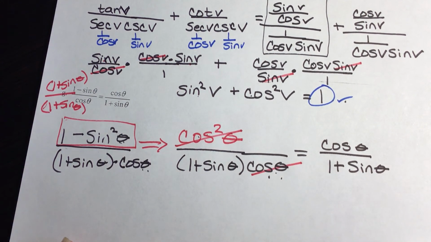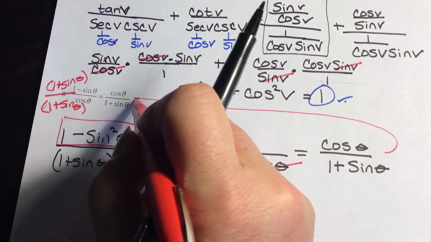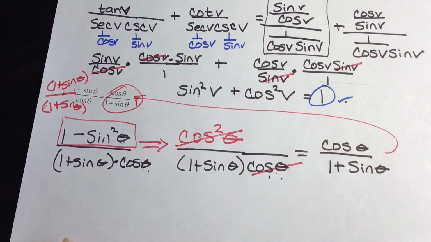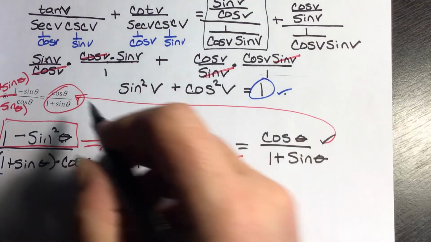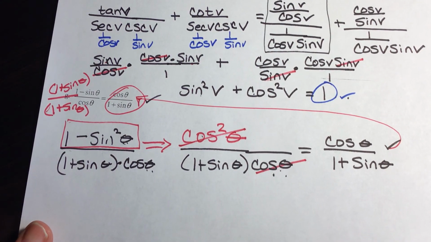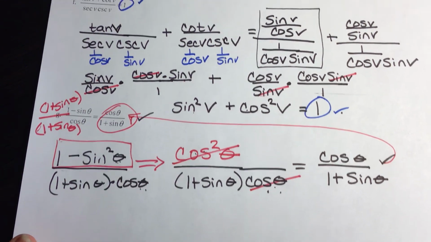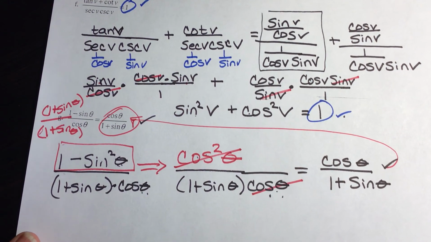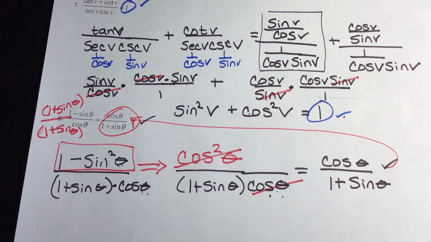And again, this is what I want it to look like. That's the same thing. So we were able to accomplish that. All right, so just a little bit more with practicing working with our identities.